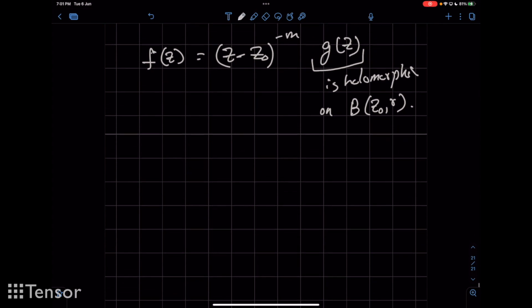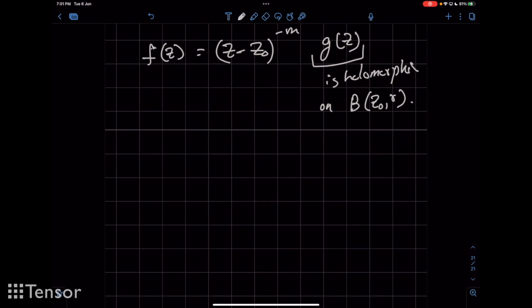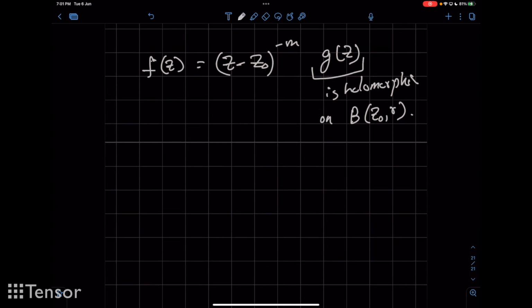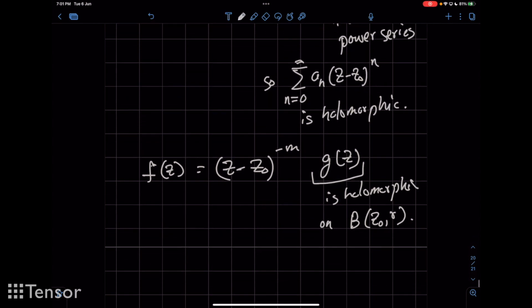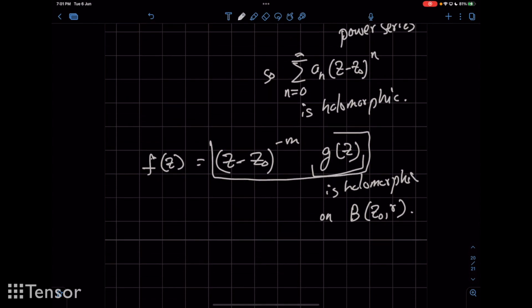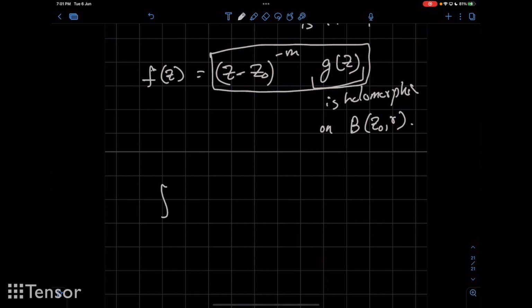So suppose f has a pole at z0. Let's say I'm integrating f over some path gamma, and gamma is basically the boundary of the open ball centered at z0 with radius r.